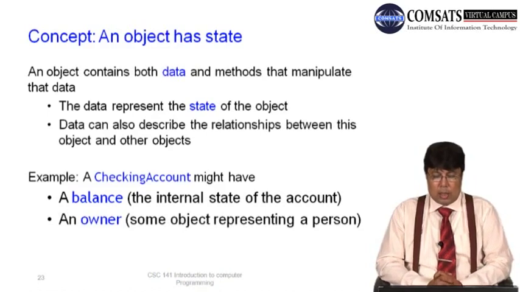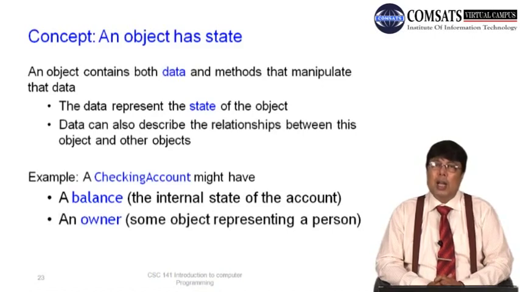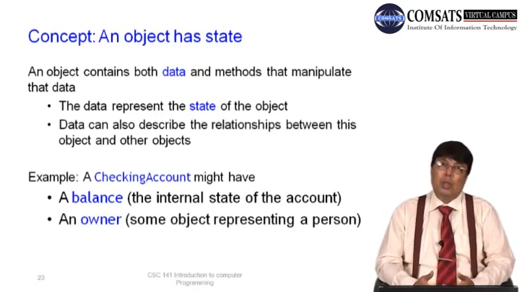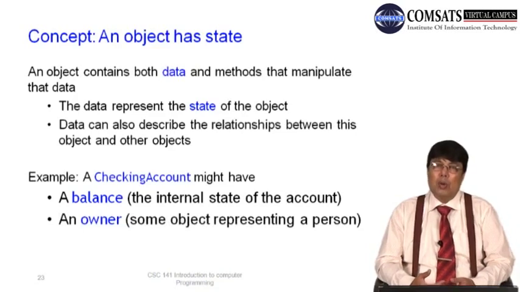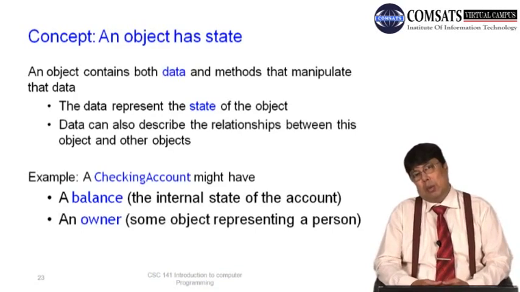An owner is another attribute that you can attach to the data. It means that the balance belongs to one particular account, or belongs to one particular person. So now you are adding more attributes to that particular object.